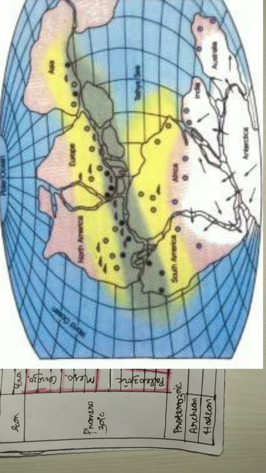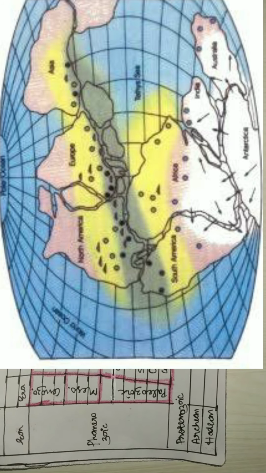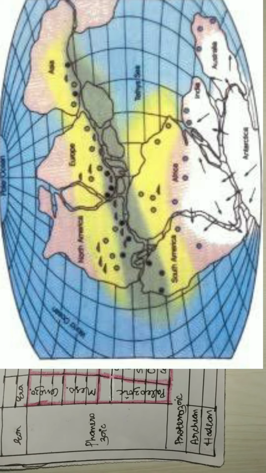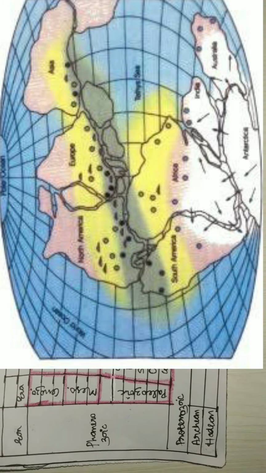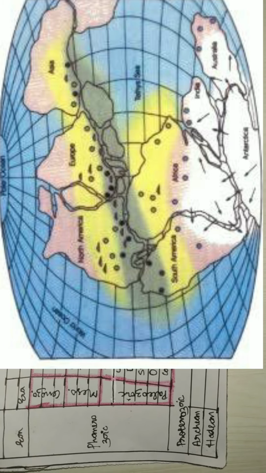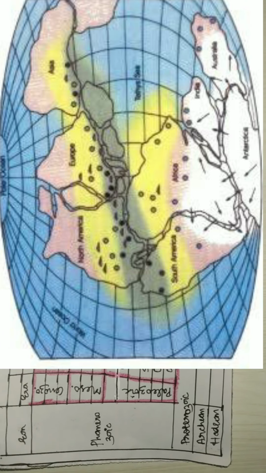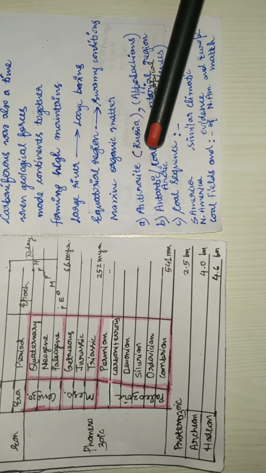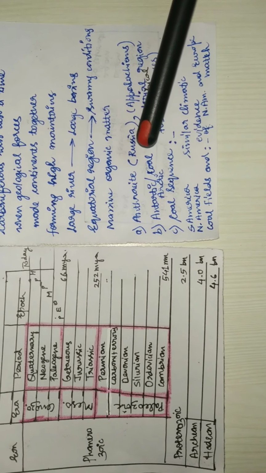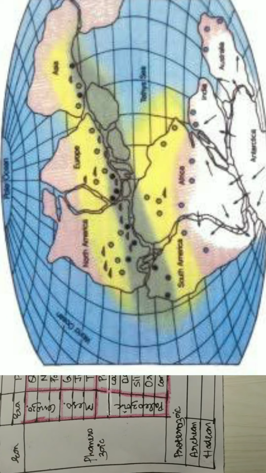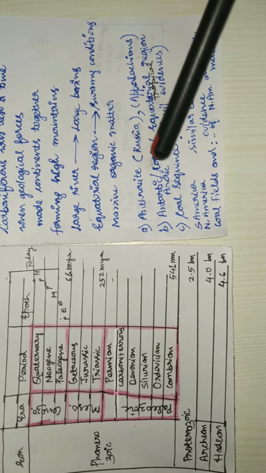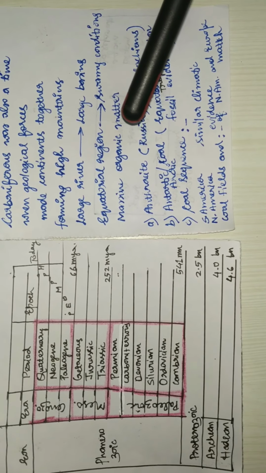Because of similar climate. Secondly, how can anthracite be found in Russia and the Appalachians, right? Because they are in either temperate region or polar region where there is not so much vegetation, but still because they were at some time near the equator, such conditions were there for preservation, and hence anthracite is found in polar regions of Russia.